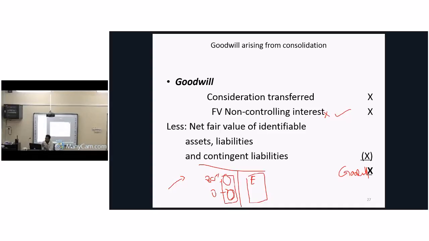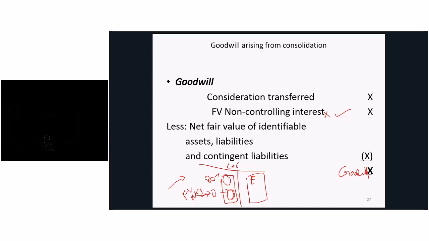That method we call the full goodwill method. That's why we recorded the NCI double entry, the fair value of NCI, as cost of control debit and credit to the non-controlling interest account.